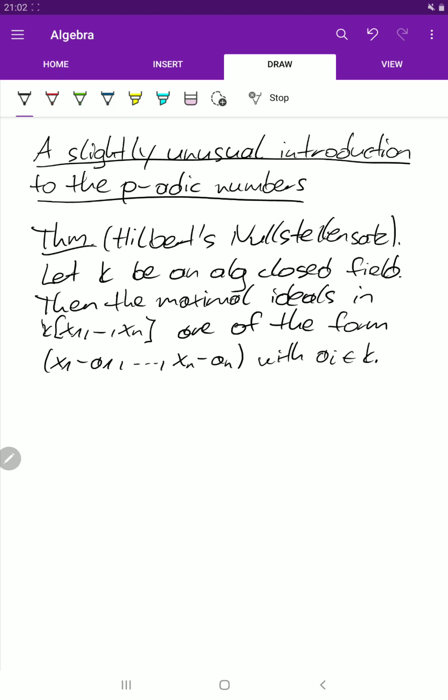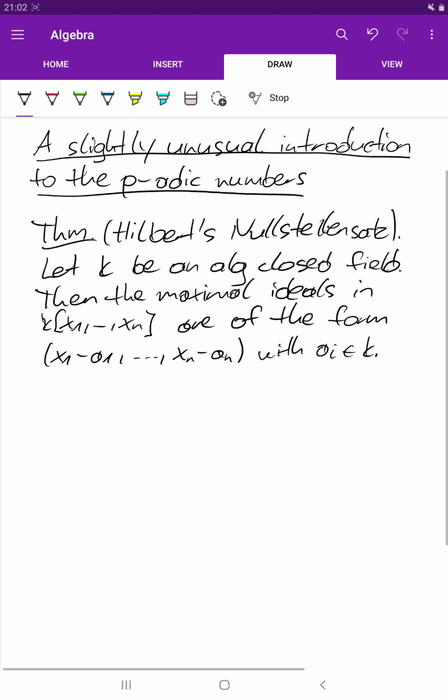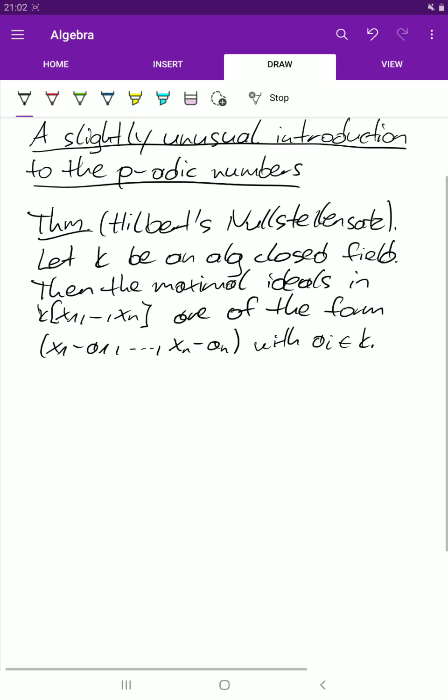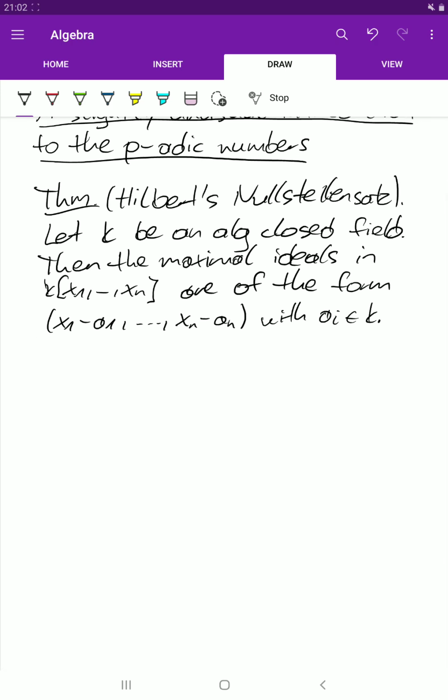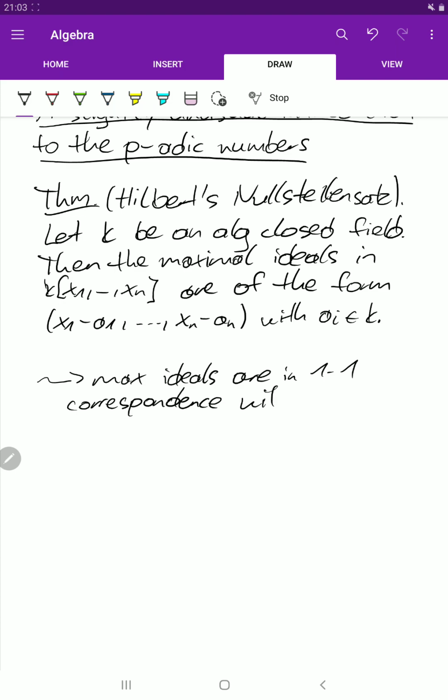So let's have a look at the statement a little closer. So this basically means that maximal ideals are in one-to-one correspondence with points in K^n.